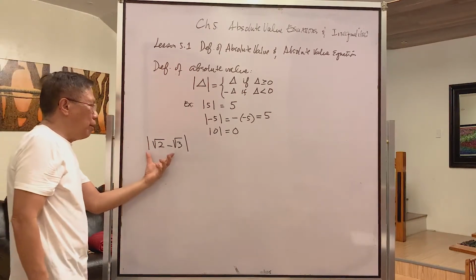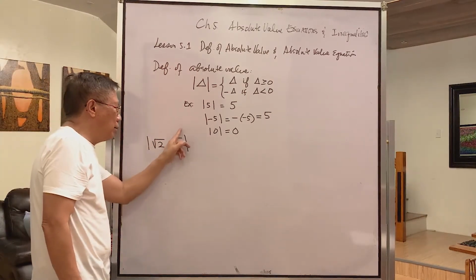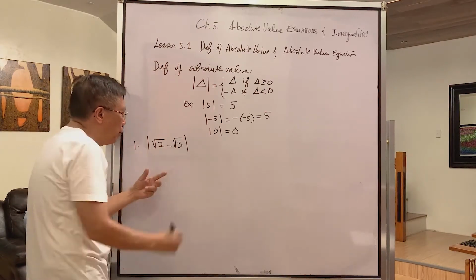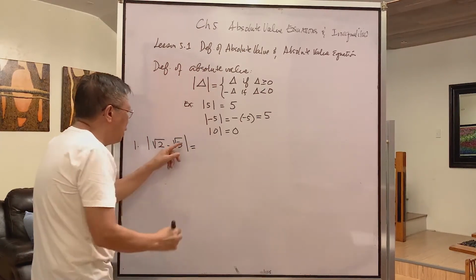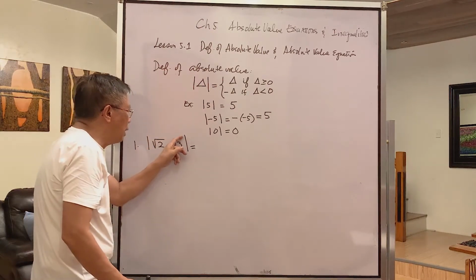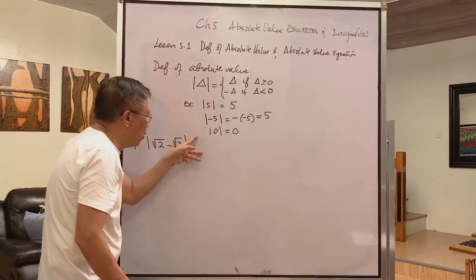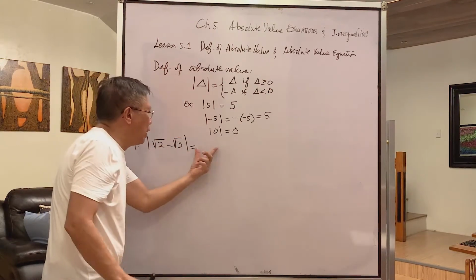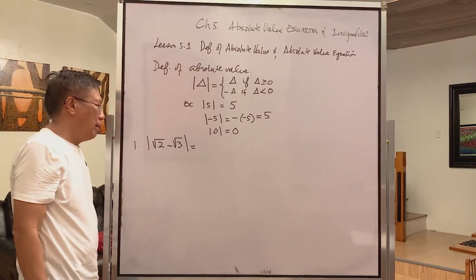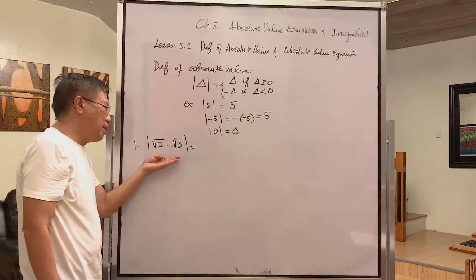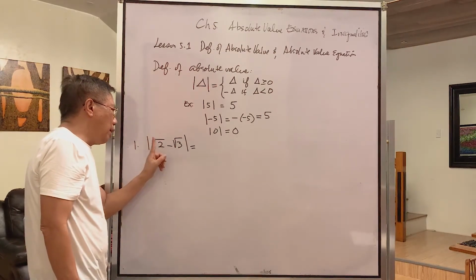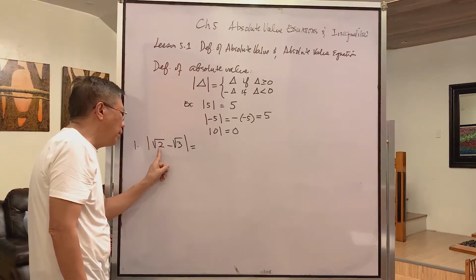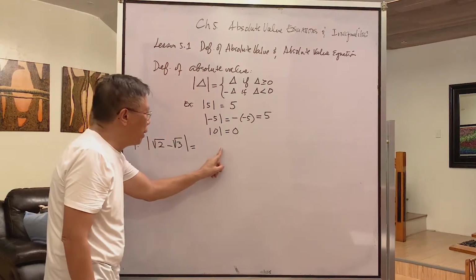If we are going to remove the absolute value symbol here, then we have to write this one here such that when they are outside the absolute value symbol, their difference should be positive. It's the same as saying we are going to determine which of these two numbers is bigger, and that will be our minuend.